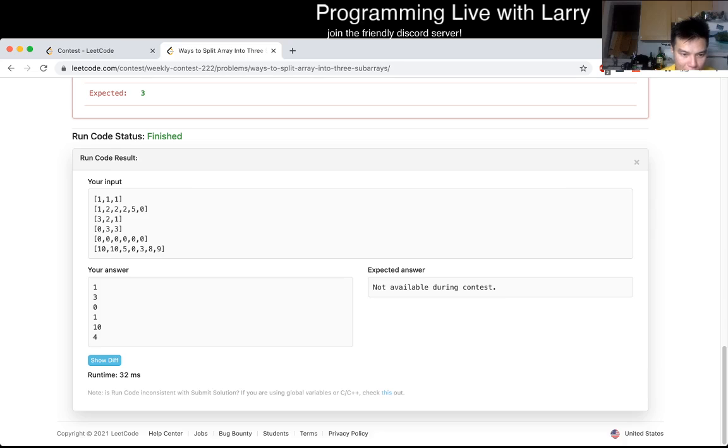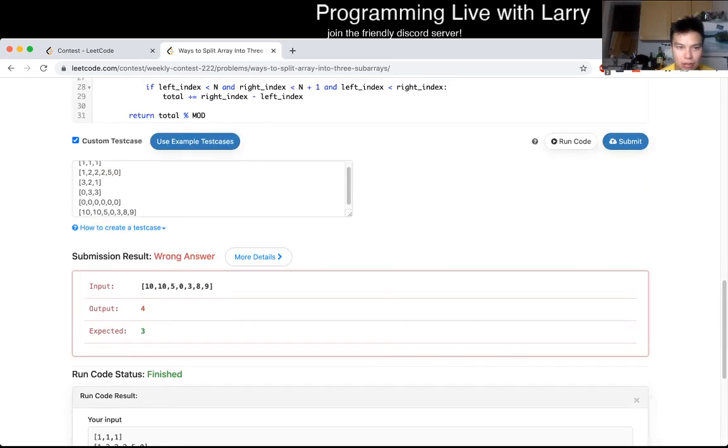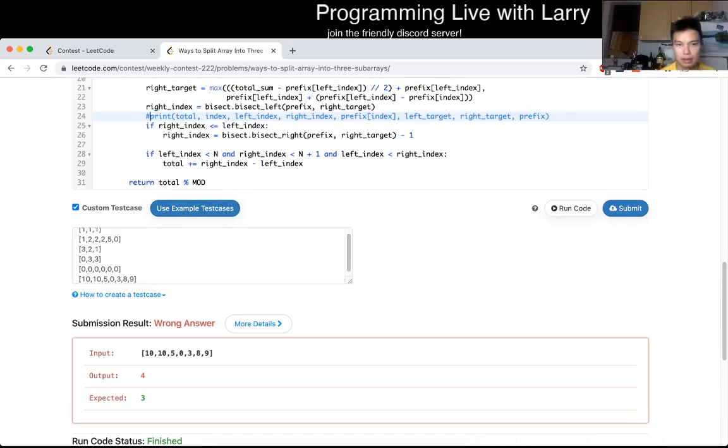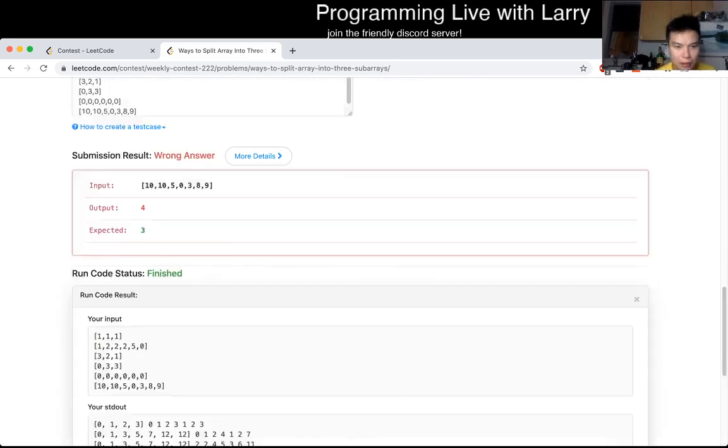Why is that 4? So 2 and 6. What is the right answer? 3. Am I getting off by 1 somewhere?